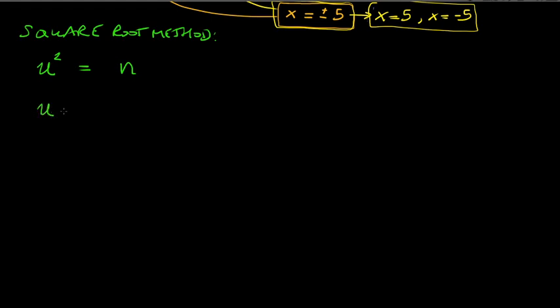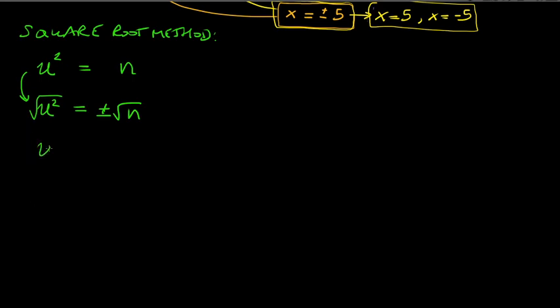Okay, so we have something squared equals n. So what is that something? What is u? Well, it's going to be plus or minus, right, the square root of n. Right, and that's it, right? That's the square root method, right? You're undoing the square by taking the square root of both sides, right? And so the square root of u squared, well, we're assuming u is positive, right? Ordinarily, we would get absolute value. And I've said many times, in most cases, don't worry about that.